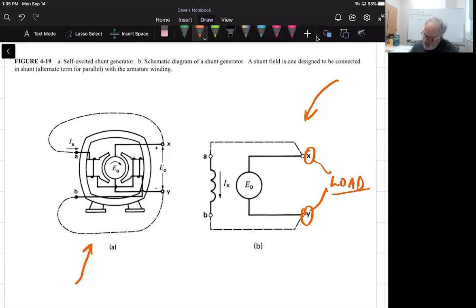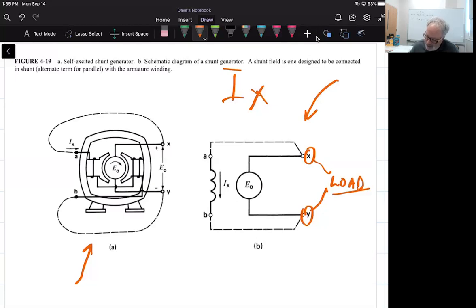And this is the field. Anytime we see I sub X, we're thinking excitation current, the current that is needed to create the magnetic field. And we see that it is absolutely in parallel with the armature. He's trying to show us that again here.